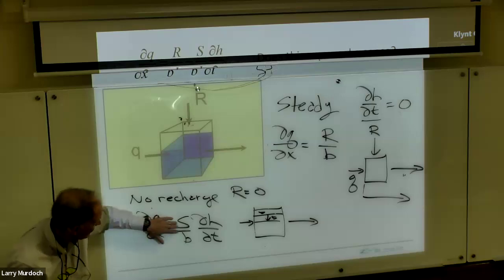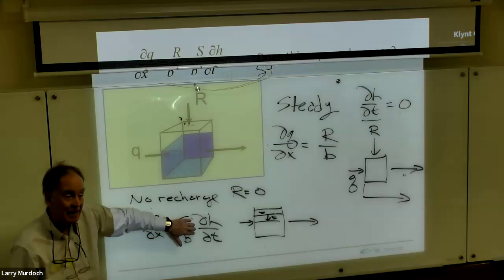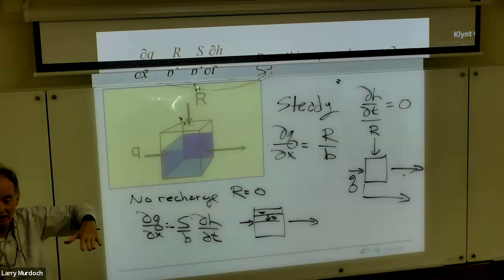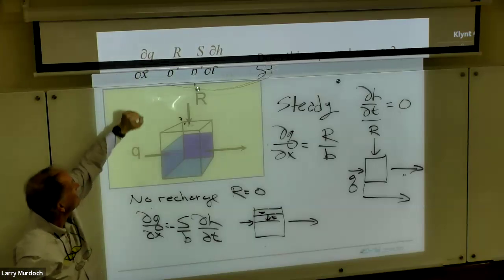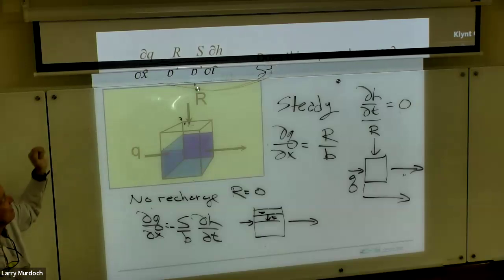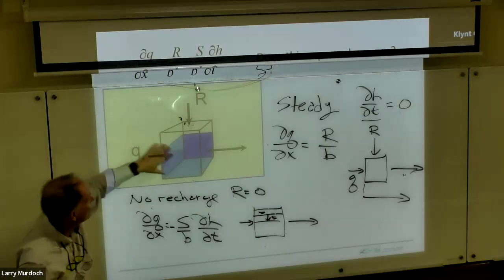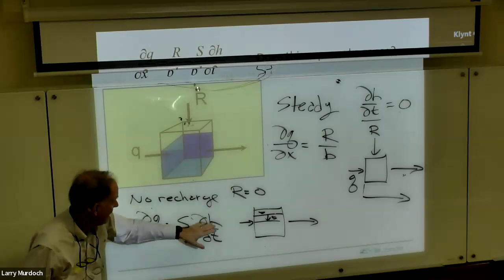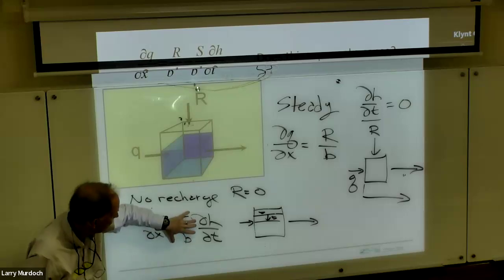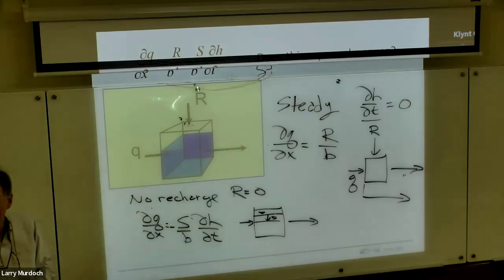And if this side is positive, then dH dt must be negative, which means that the water level is dropping. So this equation is saying that in absence of recharge, if dq dx is positive, then we're releasing water from storage and the head must be dropping.